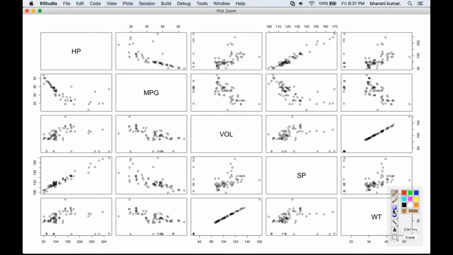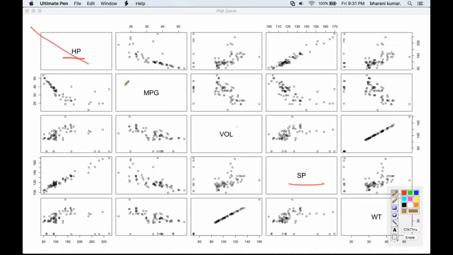Now, can you all tell me what is the correlation between horsepower and SP? What is the correlation between these two? I mean, if I draw a diagonal like that, above and below, it will be a mirror image. Don't worry about that. Look into above triangle or below triangle, lower triangle or upper triangle.